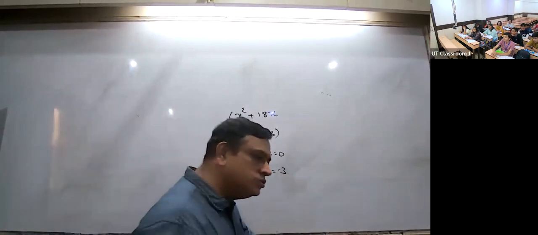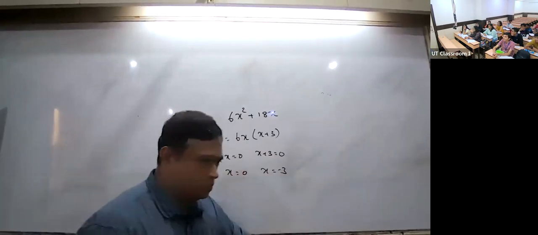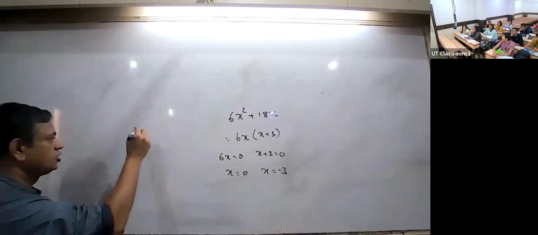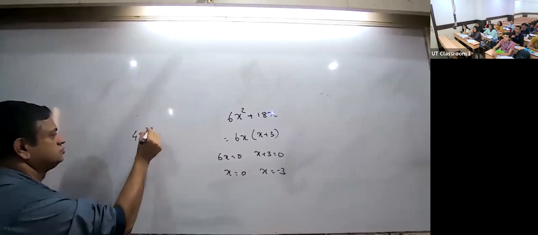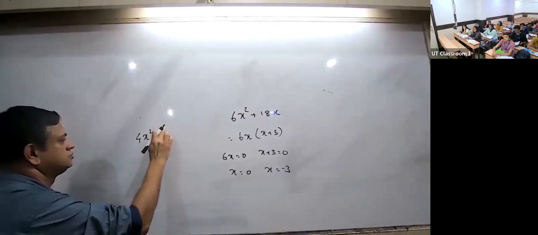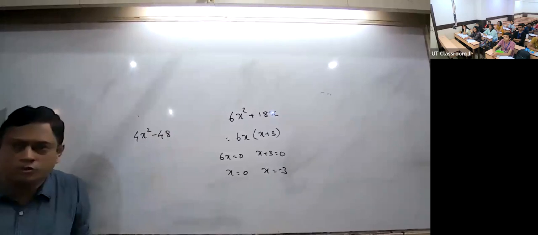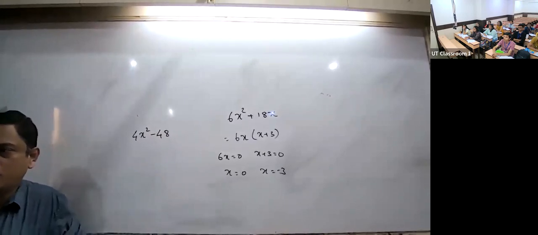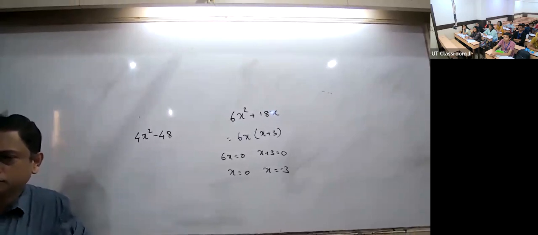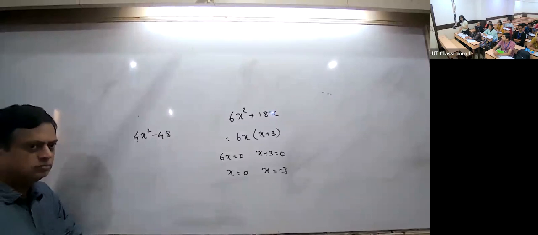Another one. Next you have to explain. Okay. Listen. So you take 4 as common.